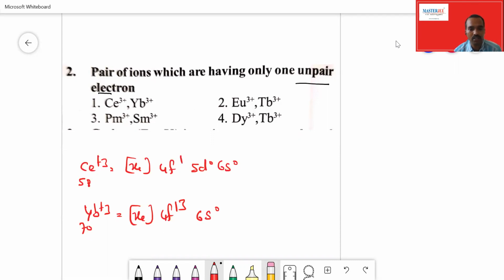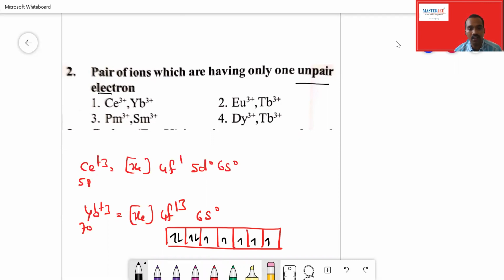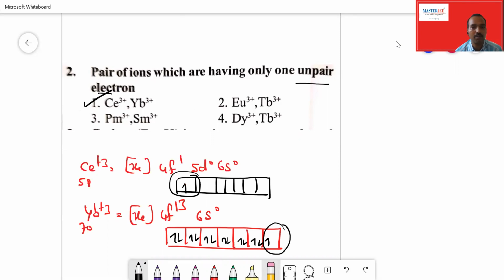In these two cases, counting 1 2 3 up to 13, there is one unpaired electron in each. So only one unpaired electron is present, that is cerium plus 3 and ytterbium plus 3.